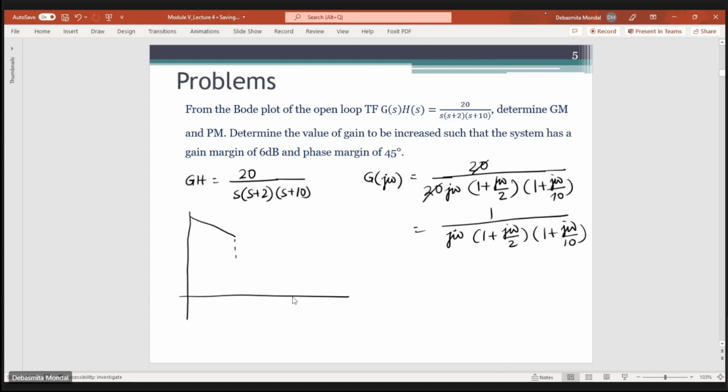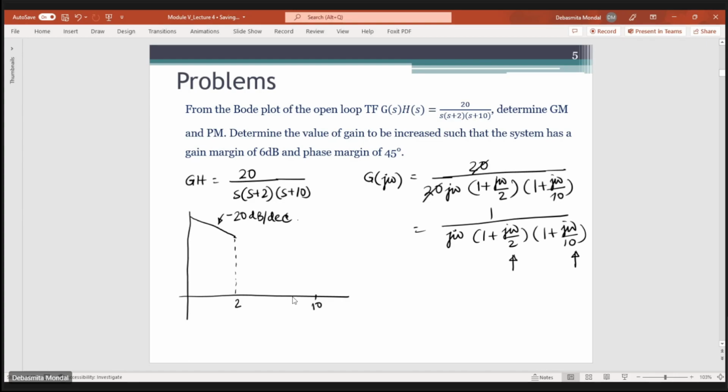Then this is your first corner frequency, and this would be your second corner frequency. From here there would be a minus 20 dB per decade straight line.